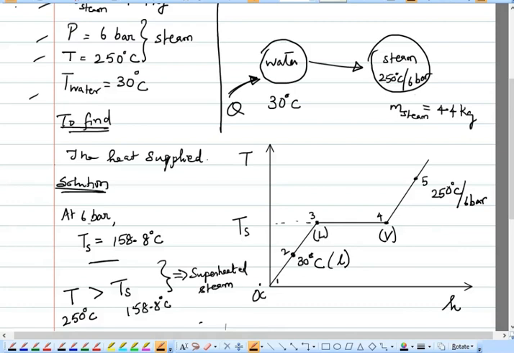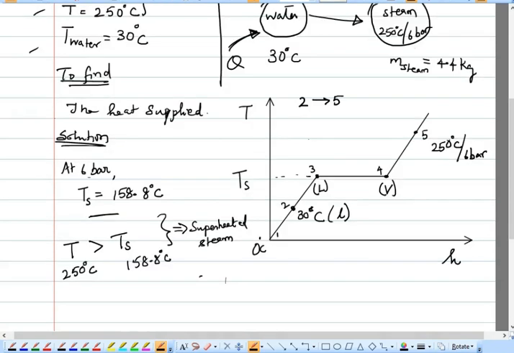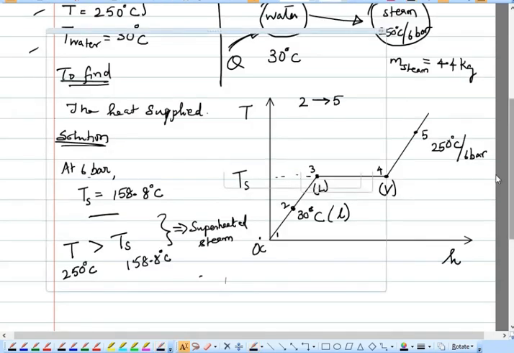So this will be your point 5. And your initial point is 30 degrees Celsius. So from state point 2 to state point 5, I have to bring. So what is the amount of heat to make this conversion? So first inference, the steam is a superheated one.